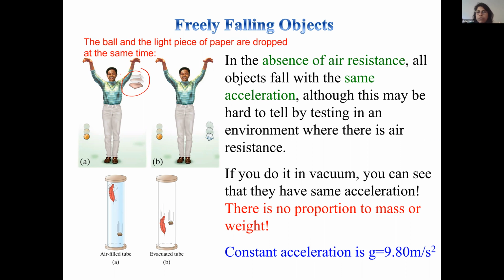That means every object on the earth falls down with the same acceleration, independent of the mass, independent of the size of the object. That is called the gravitational acceleration, and everybody has this number. So in vacuum, we are going to assume no air resistance.